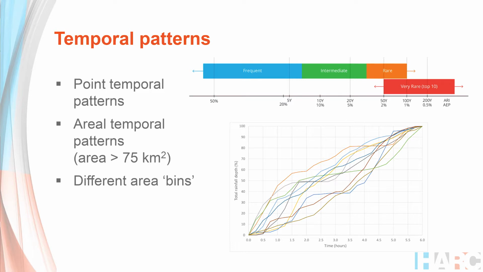To complicate things a little bit, the data hub gives us different sets of temporal patterns depending on what our AEP of interest is. I've got a little plot up the top there that's been taken straight from ARR2016, and there are 3 or 4 different bins on that plot that describe the AEPs that sit within those bins. We've got frequent, which gets us up to about 20%, intermediate, which takes us up to about 2%, and then rare, which takes us up to about 1%, and then very rare beyond that.